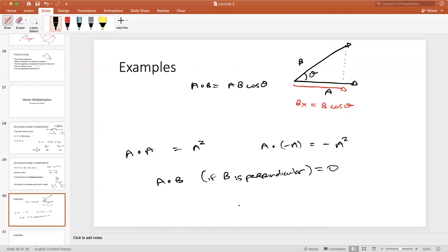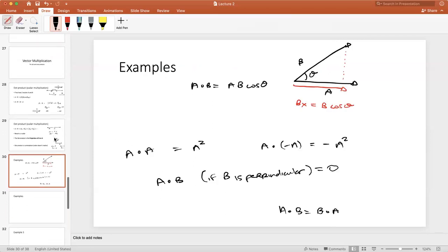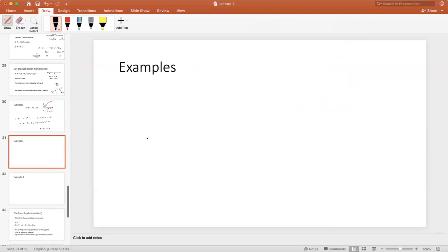So if they're 90 degrees off each other, it's 0. And lastly, A dot B is equal to B dot A. Those are all well and good. Let's actually do a couple of useful examples.